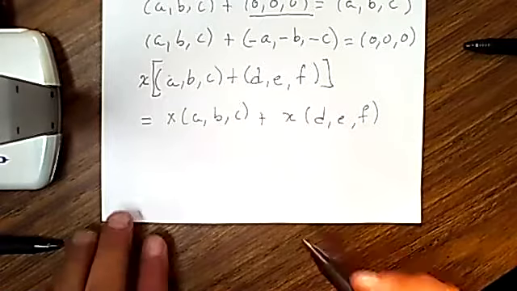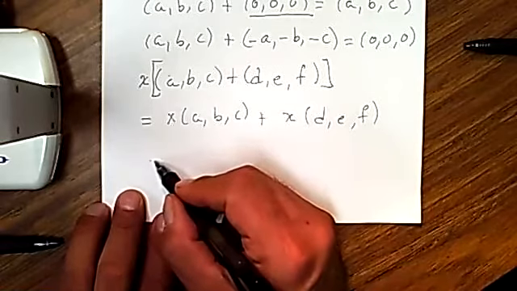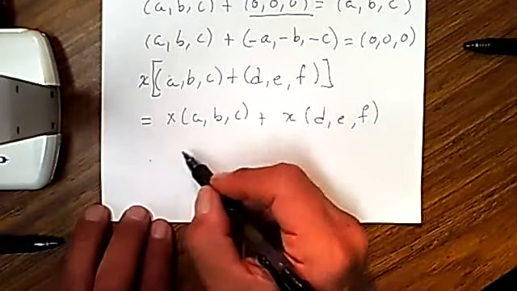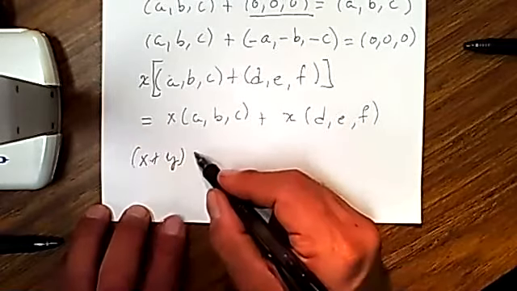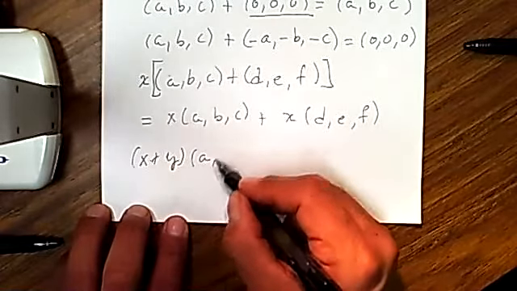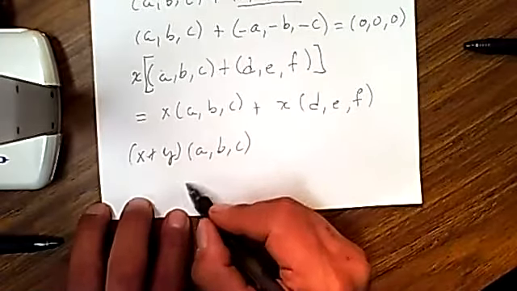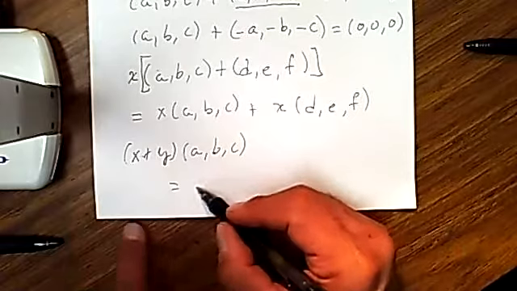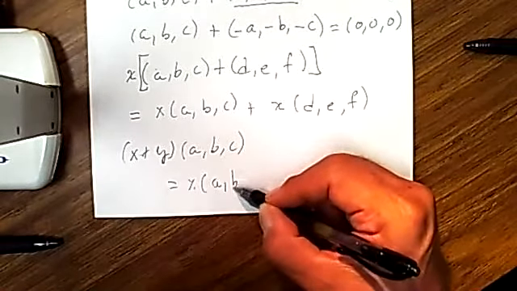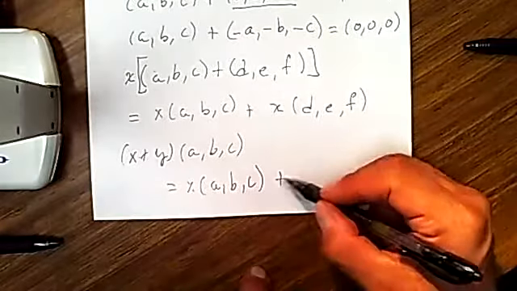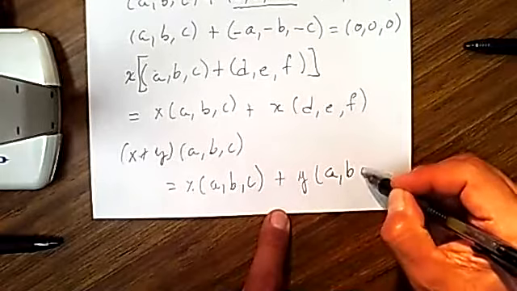But we can do the other way around. We could have 2 scalars, x plus y, multiplying a single vector, a, b, c. And that is the same thing as multiplying each one of the scalars individually by the vector, a, b, c plus y, a, b, c.